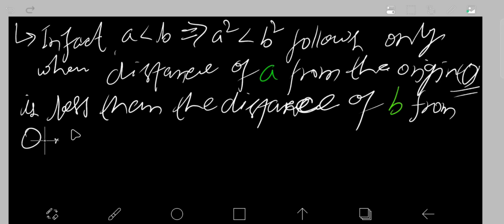When this is less than, then this one is satisfied, otherwise this is not satisfied.